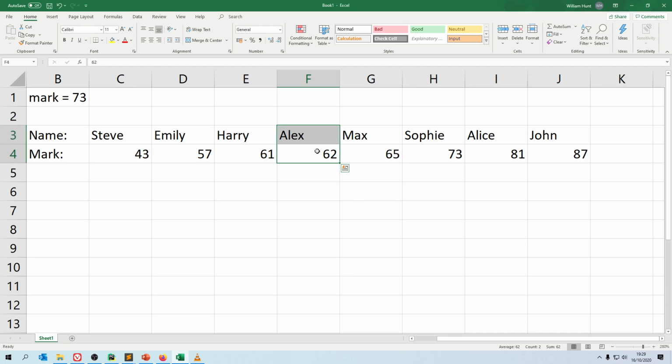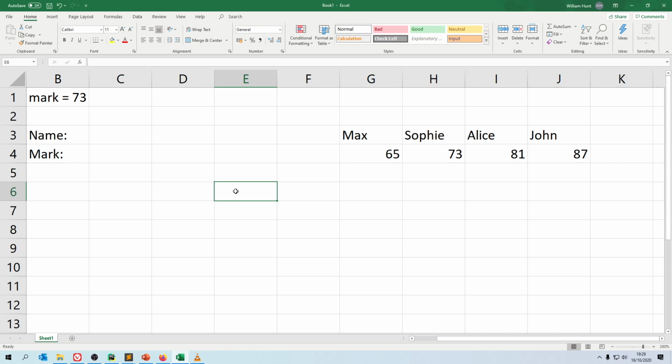Therefore, we can intuitively guess that because this is a sorted list, as this element is less than 73, and all the elements to the left of it are less than it, because anything left of Alex who got 62 marks will have 62 marks or fewer, the fact that Alex and everything to the left of Alex is less than our target means that everything to the left can be forgotten, so we can just get rid of it.